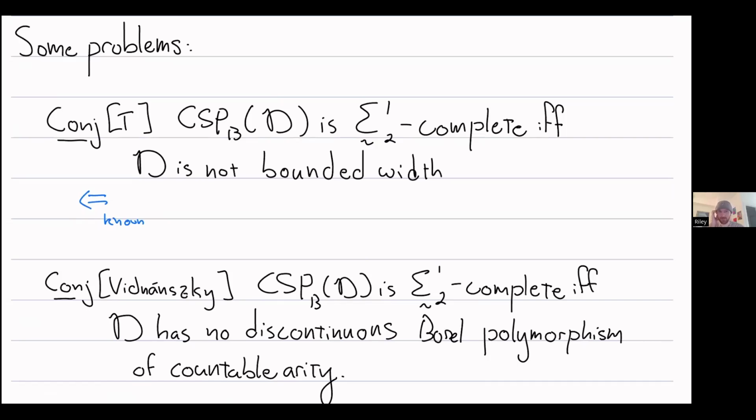I've conjectured, and I think Zoltan and Hansa Grebek have also conjectured, that the Borel CSPs that are sigma 1, 2 complete should be exactly those attached to structures that don't have bounded width. If you're not familiar, one way of saying that a structure has bounded width is that D has so-called WNU polymorphisms, weak near unanimity polymorphisms of all large enough arity.